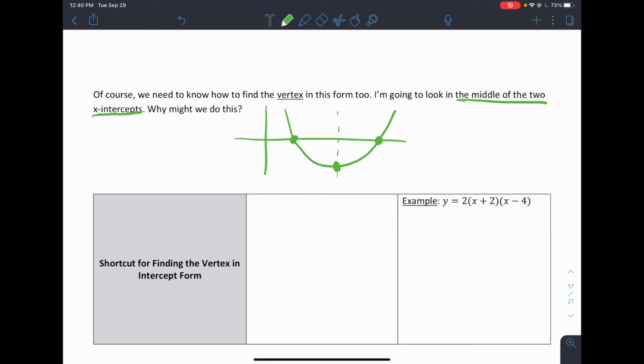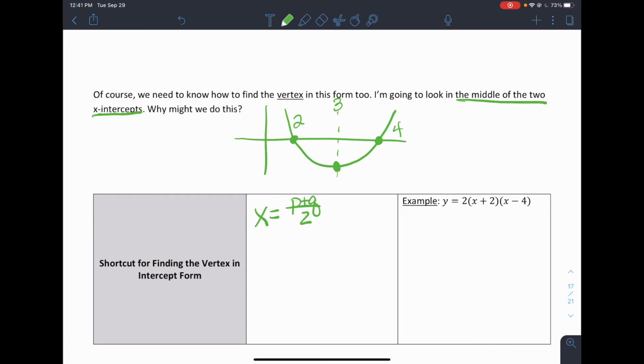Remember, a parabola is symmetrical. So if this is 2 and this is 4, then this must be 3, right? The vertex must be at 3. It must be halfway in between the two x-intercepts because the parabola has to be symmetrical. So all we're going to do is take the average of P and Q. So x equals the average of P and Q. So you just add them together and divide by 2.